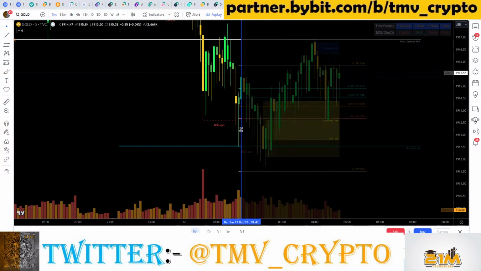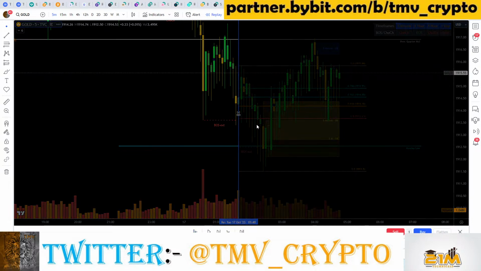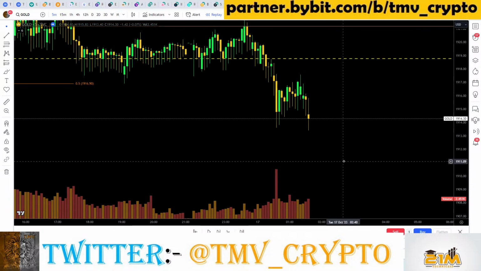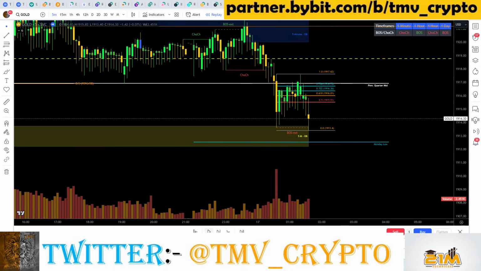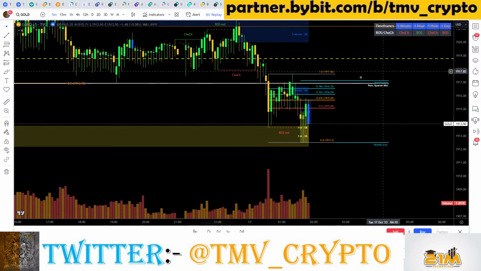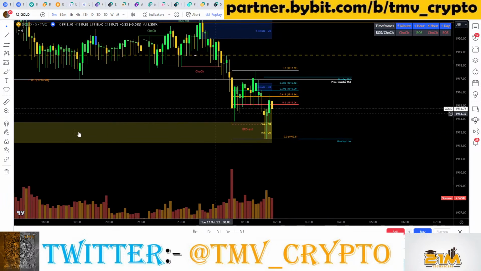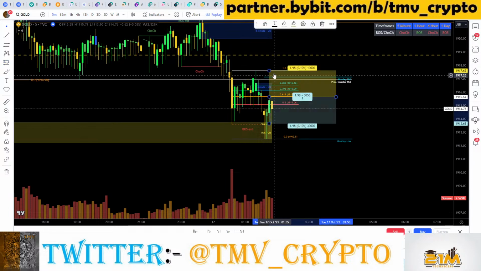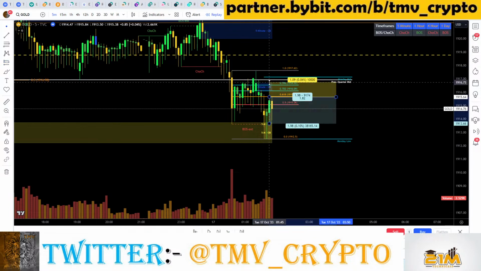Let's say you got a pennant. You literally got a pennant over here. So you got a BOS EXT, and then after that a pennant, a bullish pennant basically. What you're going to do is look to short the golden pocket zone, basically 0.618, and your stop loss should be above the order block. Wherever the order block is, if it is here, you put it here. If there is no order block, you simply put your stop loss either above 0.786 or above the level.